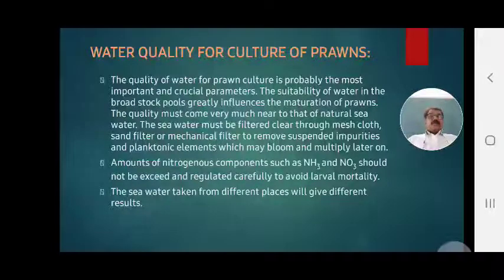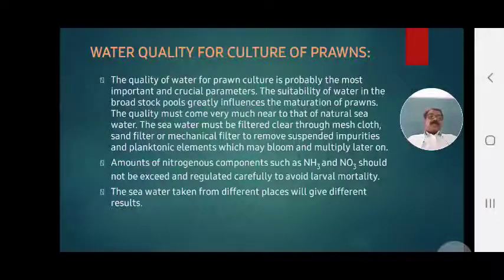The amounts of nitrogenous components, such as nitrates, NH3 and nitrites, these two important nitrogenous compounds, NH3 and NO3, should not be exceeded and should be regulated carefully to avoid larval mortality.